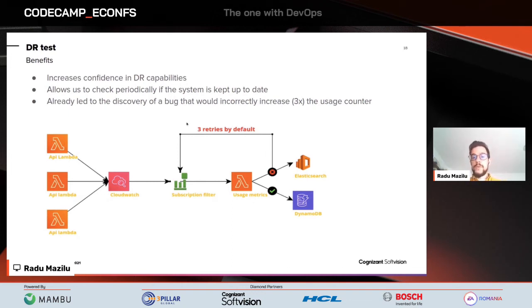Of course, this is configurable, and this is what we did. We said, okay, we don't want to retry if the usage event is not being processed, we want to write it to an SQS queue that I didn't include here, and look at it later. But please don't write to DynamoDB 3 times as much as you should.